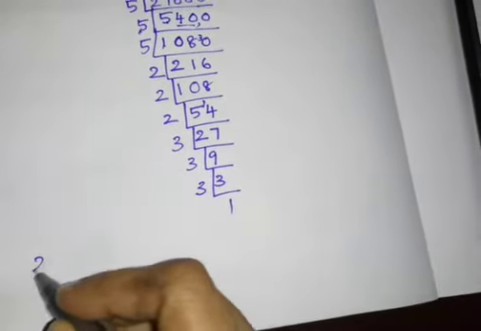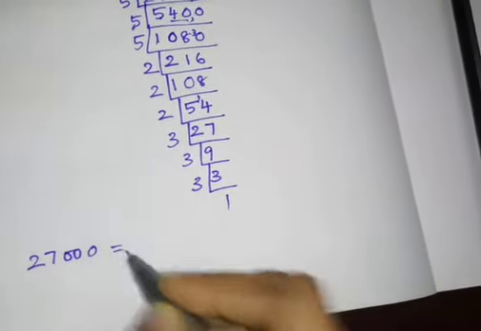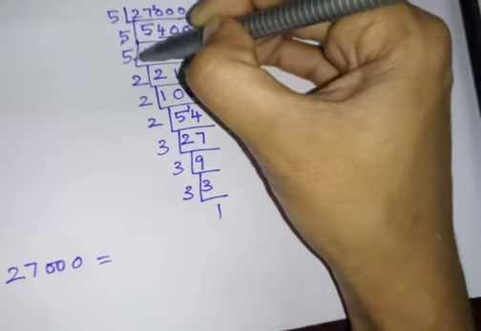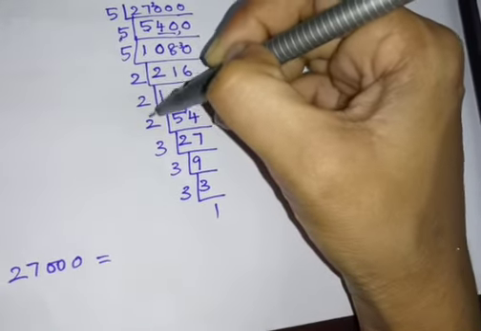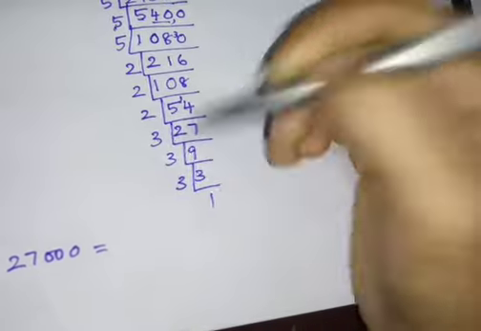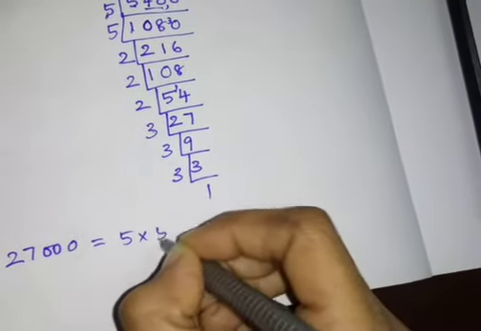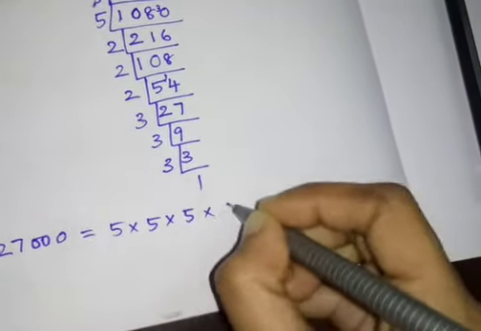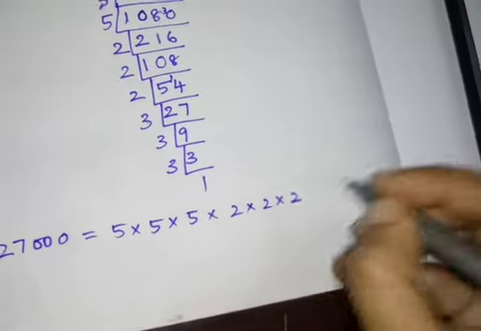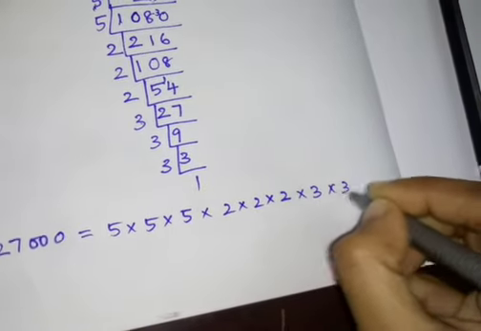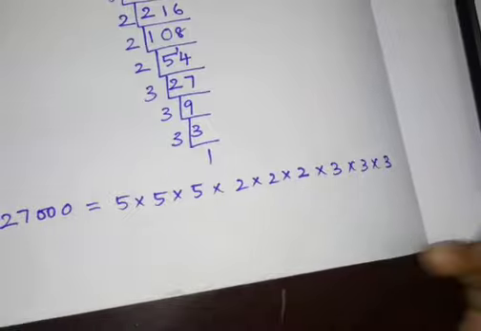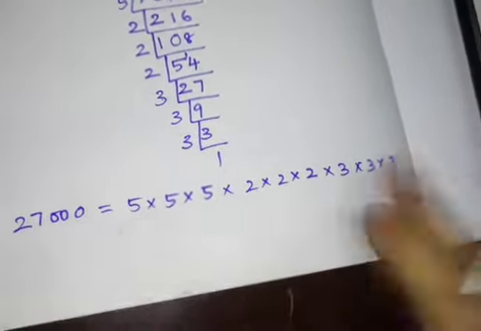So now 27,000 can be written as 5 into 5 into 5 into 2 into 2 into 2 into 3 into 3 into 3. I have done the prime factorization as usual.